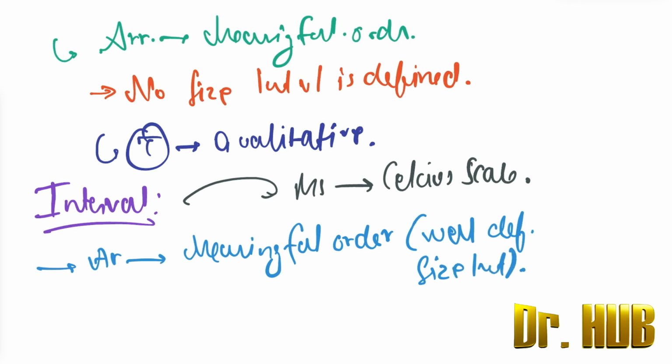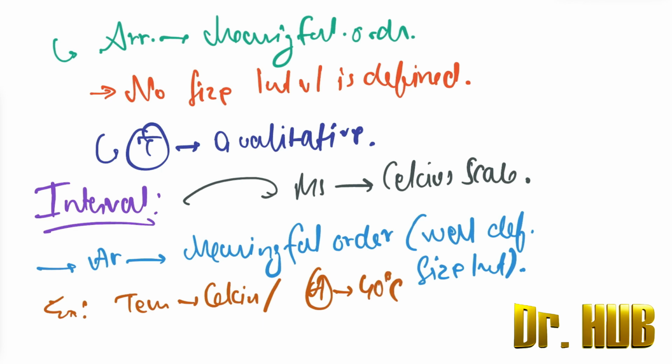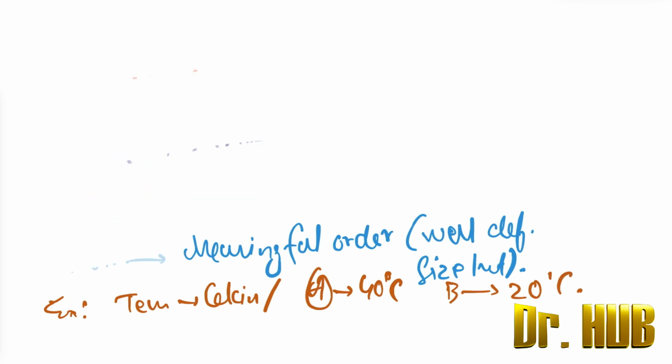What we are discussing now is interval scale data. The example is temperature in Celsius. If A is 40 degrees Celsius and B is 20 degrees Celsius, then A is 20 degrees Celsius hotter than B, by taking the difference.